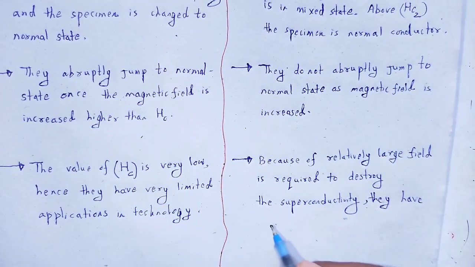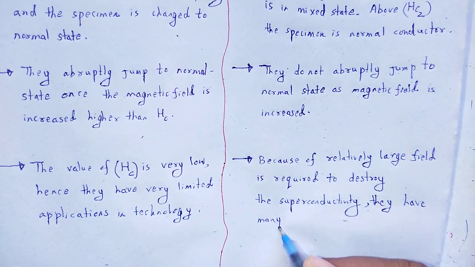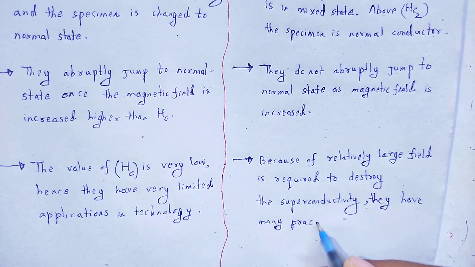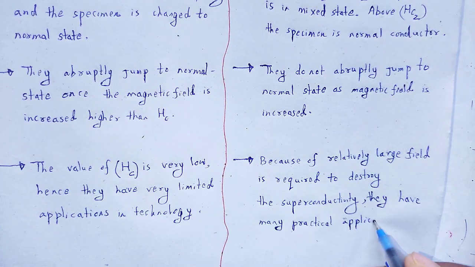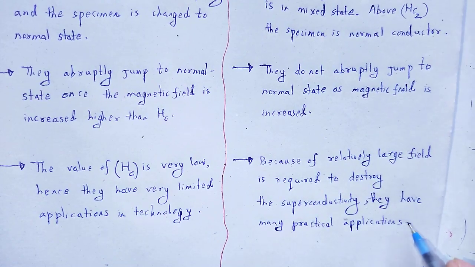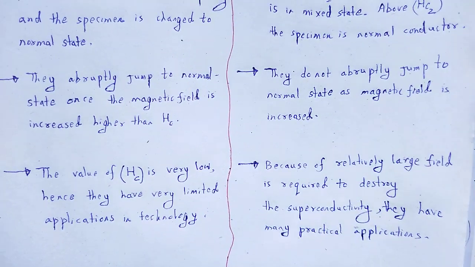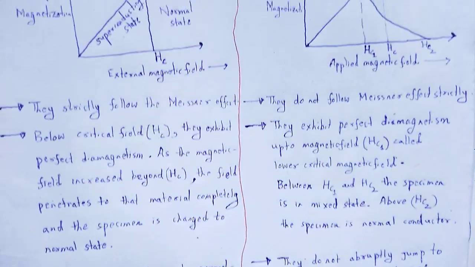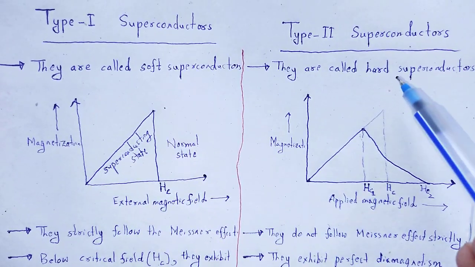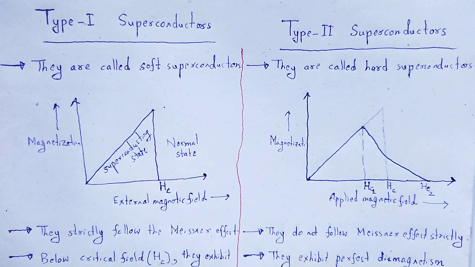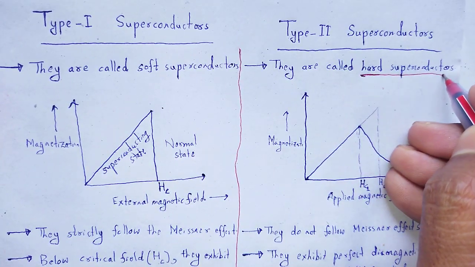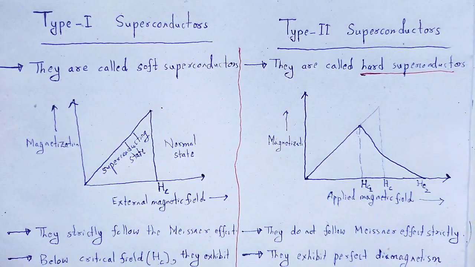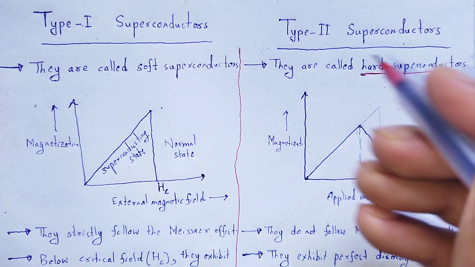For that reason we call type 2 superconductors hard superconductors, as they require much more field to destroy that superconducting state.